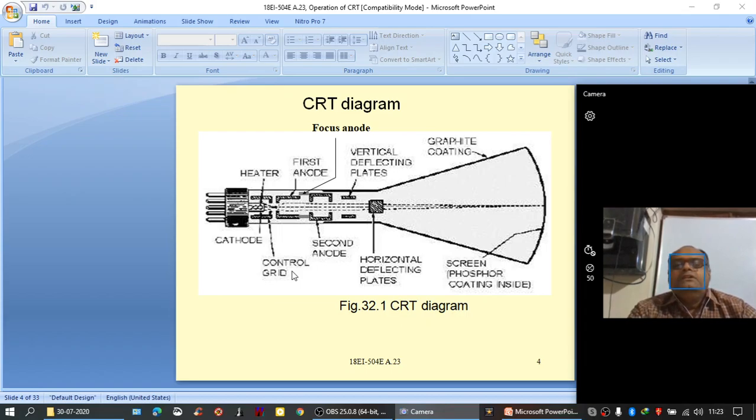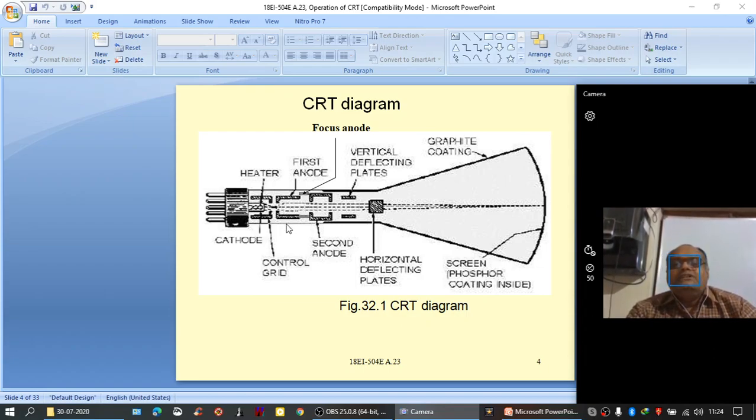Then those electrons coming out of the narrow passage through the control grid are allowed to pass through the first anode. This is called the pre-accelerating anode. And this pre-accelerating anode is maintained at a very high positive potential, approximately around 1500 volts.